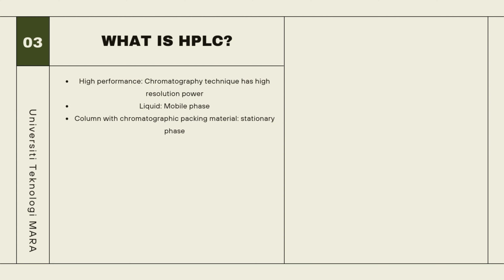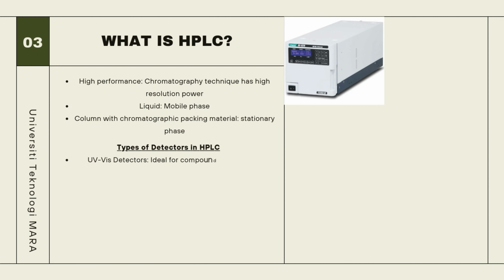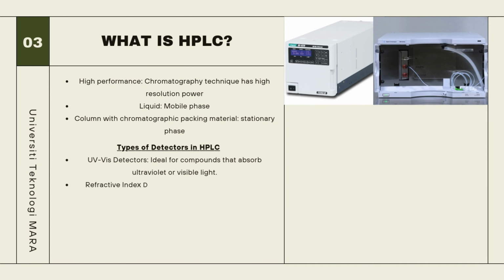A key component of HPLC systems is the detector, which captures and interprets data from separated compounds. There are several types of detectors, each suited for different analytical purposes. Firstly, we have UV-based detectors, which are ideal for compounds that absorb ultraviolet or visible light. Secondly, refractive index detectors (RID), which are perfect for non-UV absorbing compounds like sugars and alcohols.